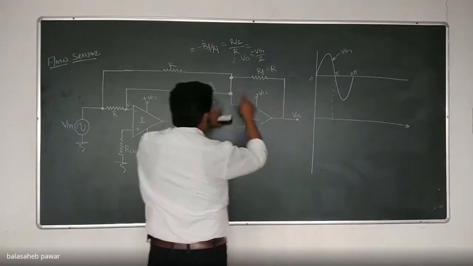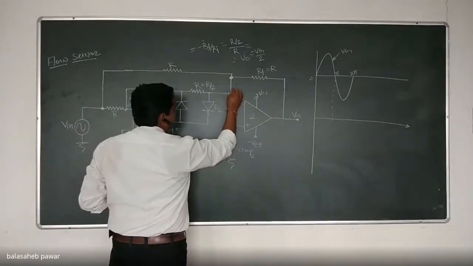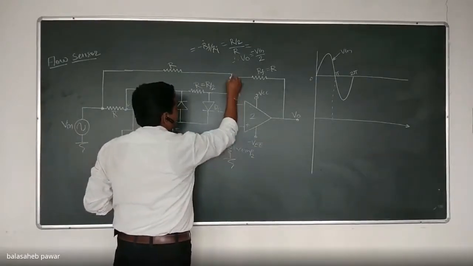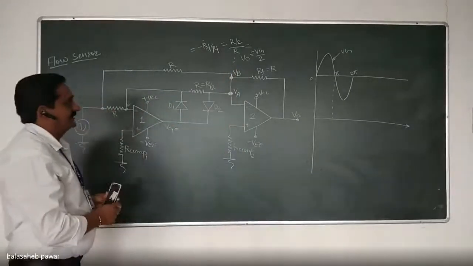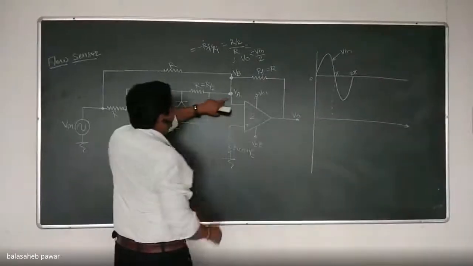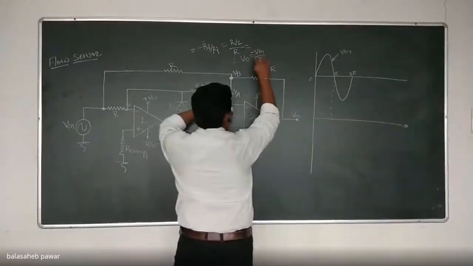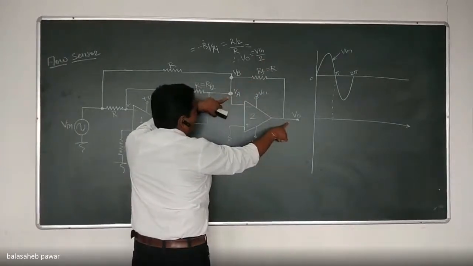Due to the voltages available, we will call those nodes VA and VB, so that it will be very clear. So during the first positive half cycle, VA is nothing but minus Vin by 2. By that minus Vin by 2, how much will be the output of the second op amp?